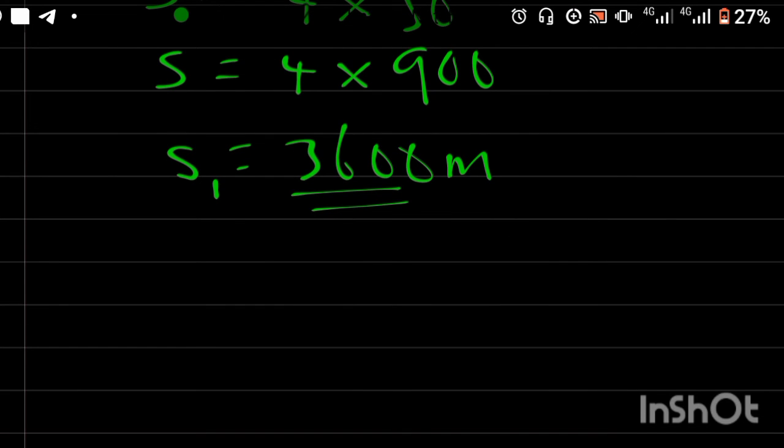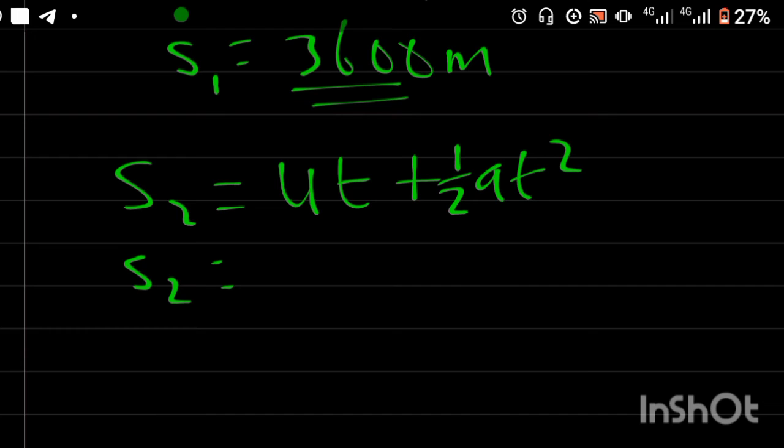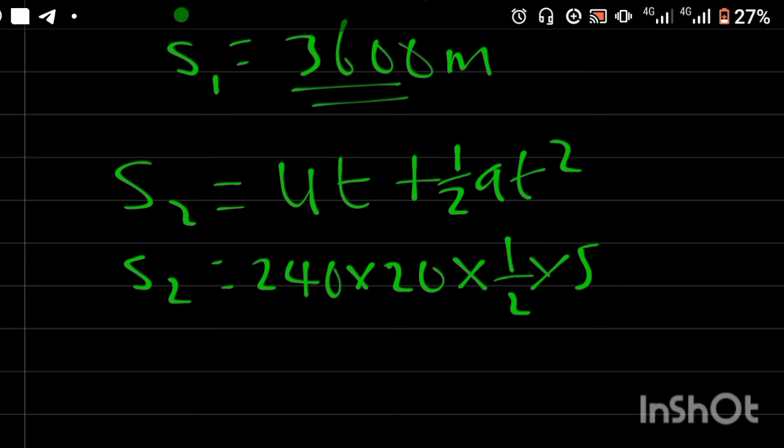The second distance is going to be the distance traveled for an object that has an initial velocity of 240 meters per second and accelerates at the rate of 5 meters per second square for the next 20 seconds. 240 times 20 plus 1 over 2 times 5 times 20 squared.